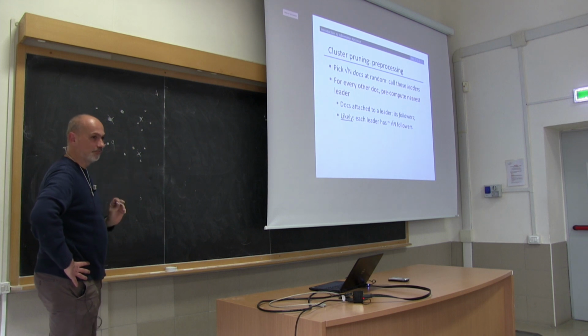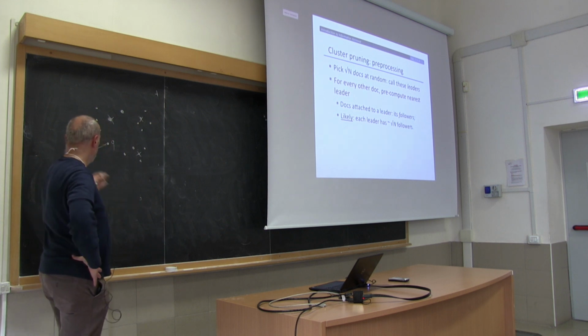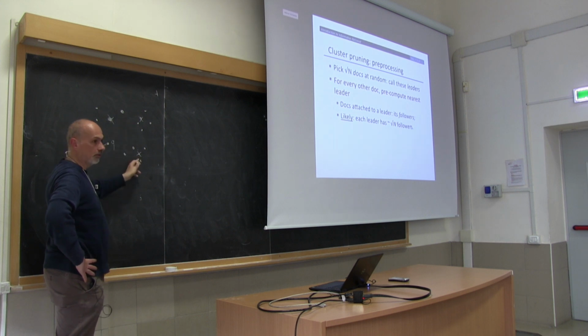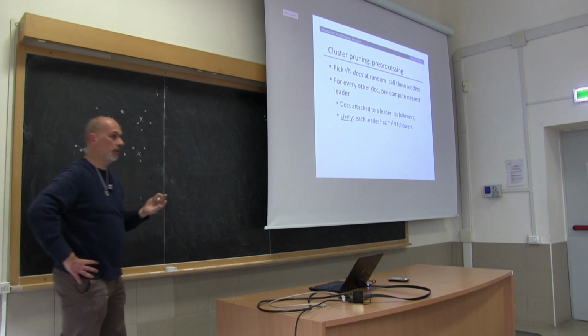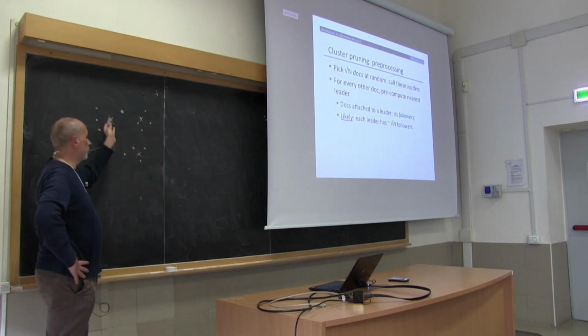It has a reason. If I put square root of n numbers uniformly at random, I have a decent probability of picking, let's say, some points within each of these clusters. Okay? Let's say that in each of these clusters, with a decent probability, there will be at least one representative leader.